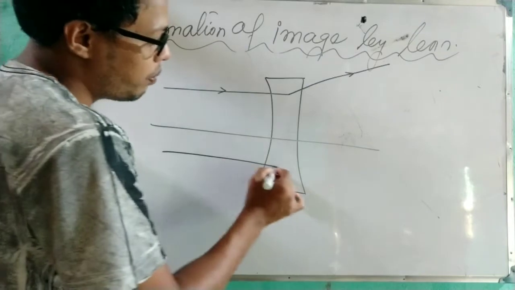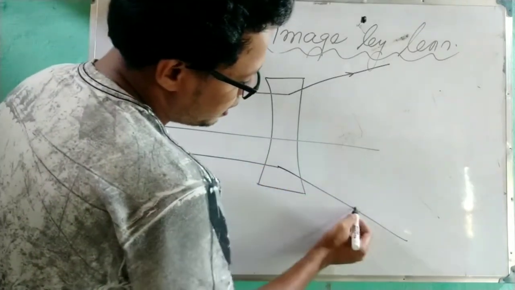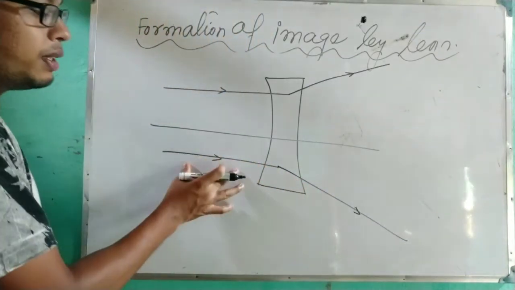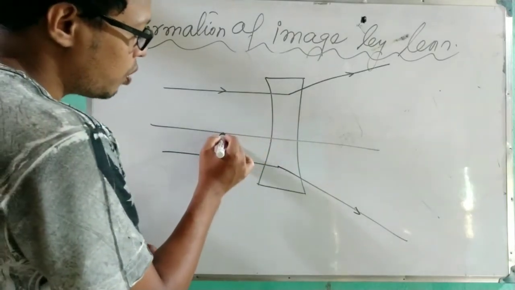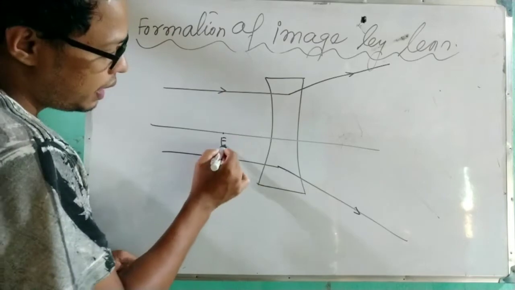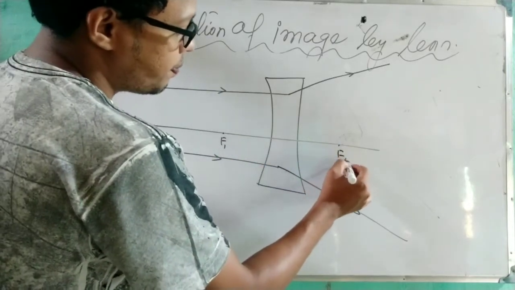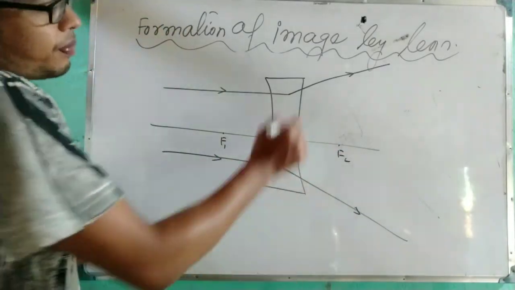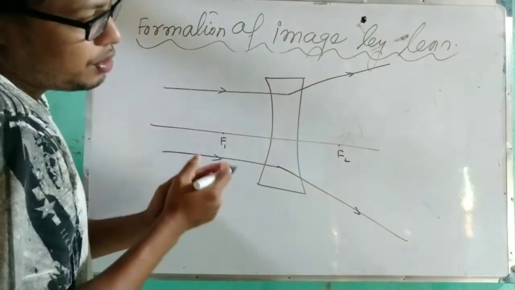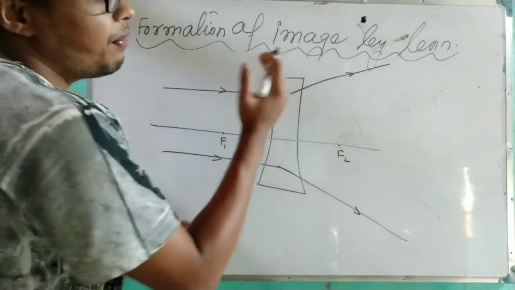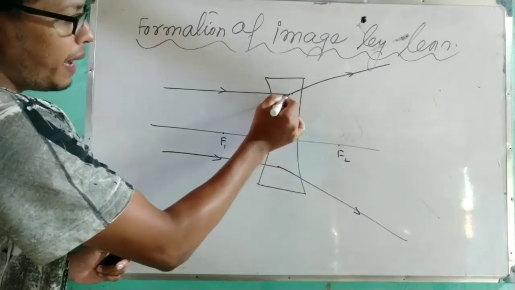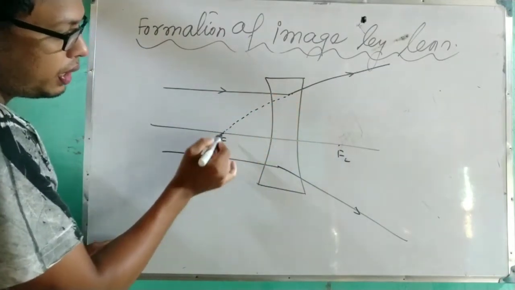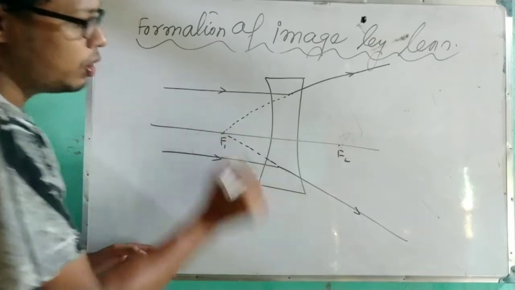Suppose if we take one more ray, then it diverges from the point of incidence. The incident rays are parallel to the principal axis. In case of concave lens also we have seen it has two focal lengths. These rays never meet on this side, so if we extend them backward, they meet at the focus.